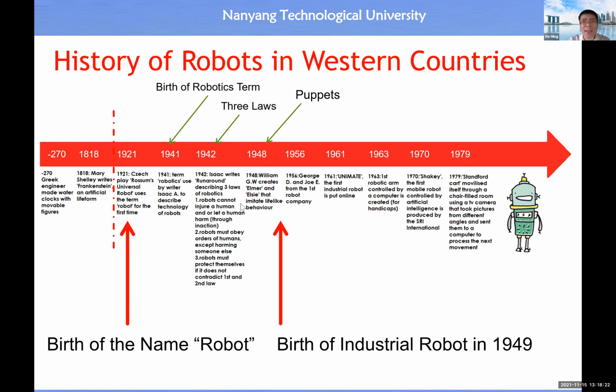And it is important also for you to know the three rules for us to follow in order to design, develop, and deploy robot in industry and in society. These three rules were formulated in year 1942.